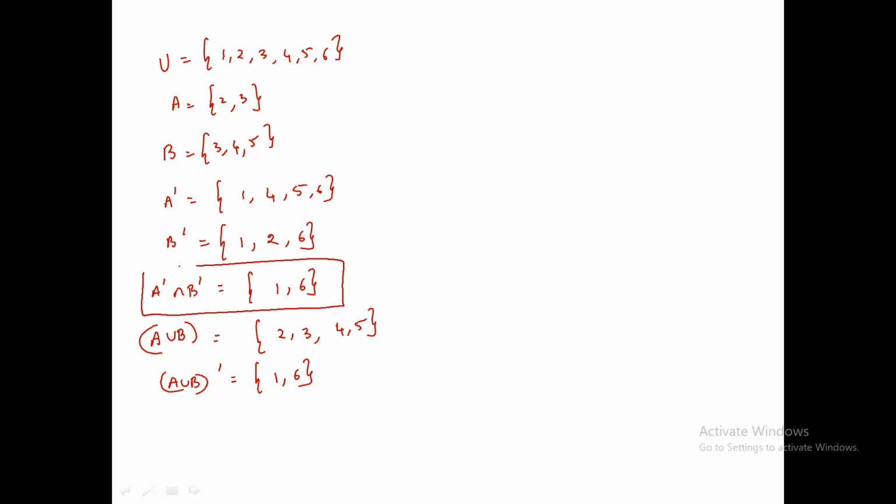So from these two, you can observe that A union B whole complement is the same as A dash intersection B dash. This is what we have proved. Similarly, you can also prove A intersection B whole dash equals A dash union B dash.